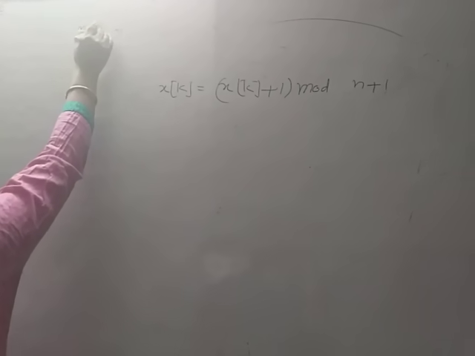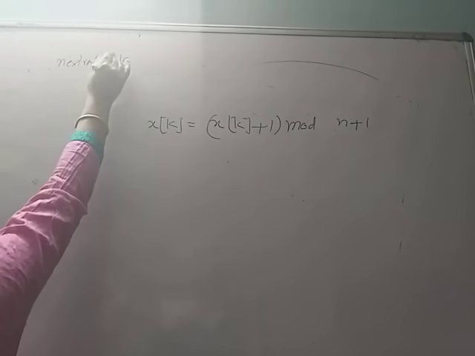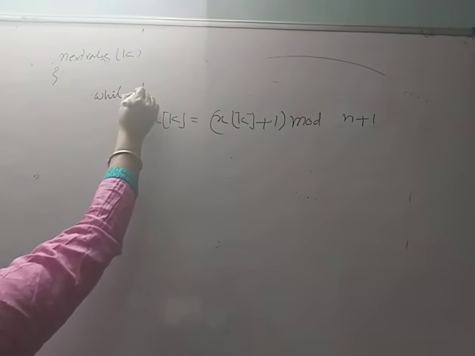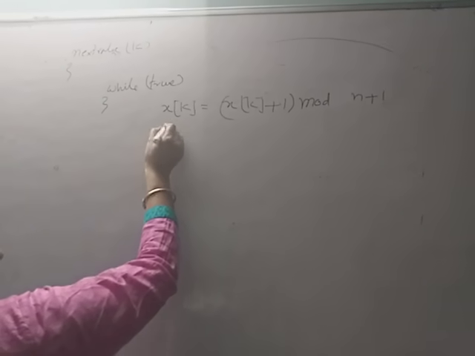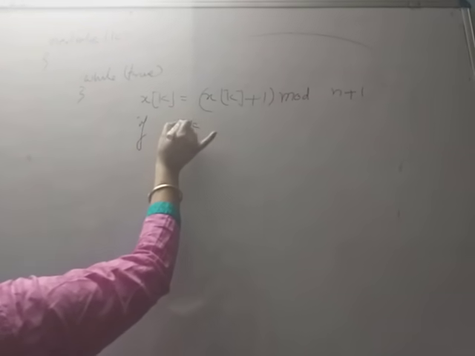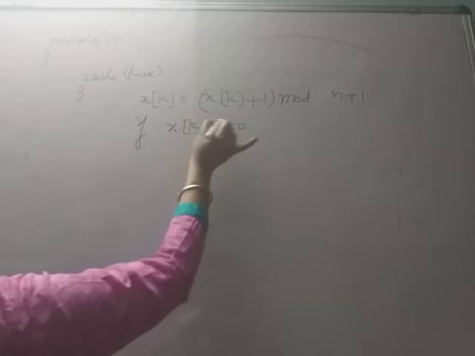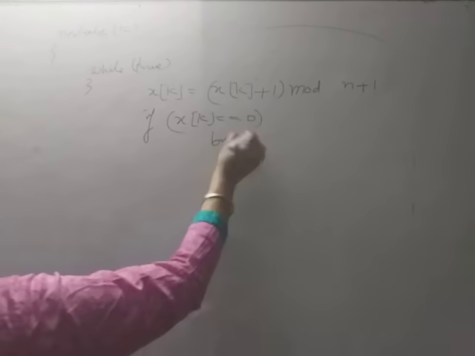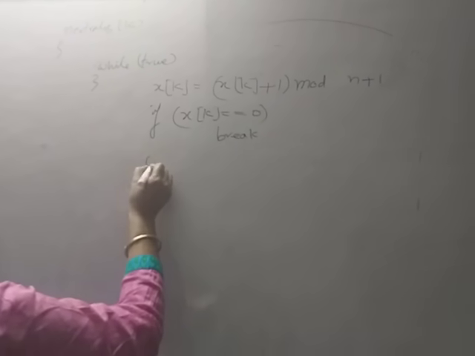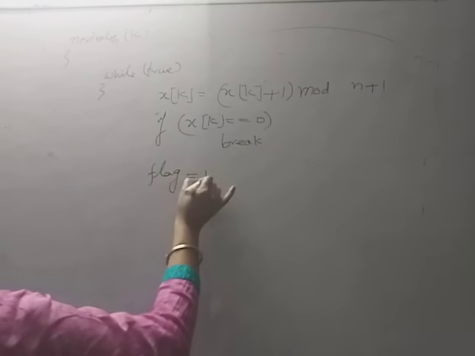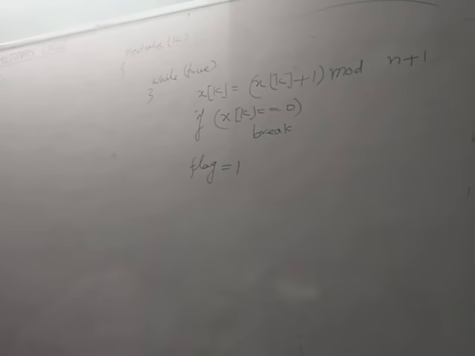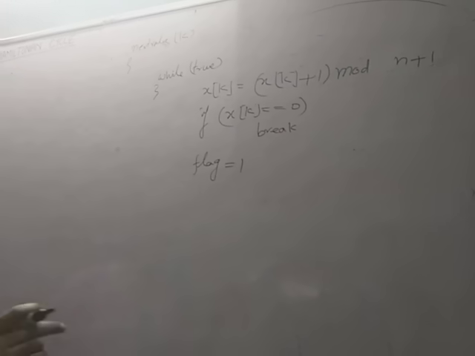Next value k, and while true: if xk equal to 0, then break from this while loop. Suppose xk is not 0, then we have to check whether xk is a feasible vertex or not.